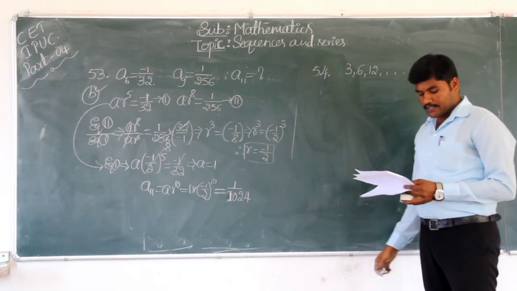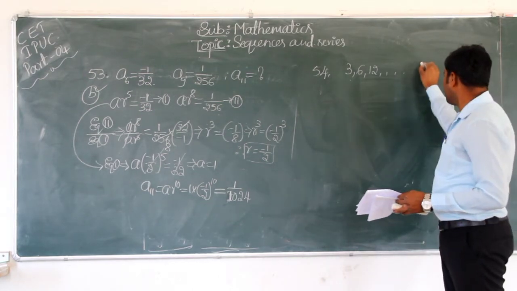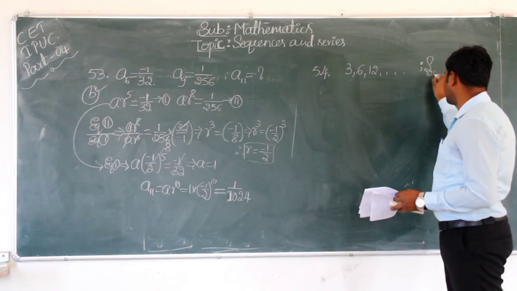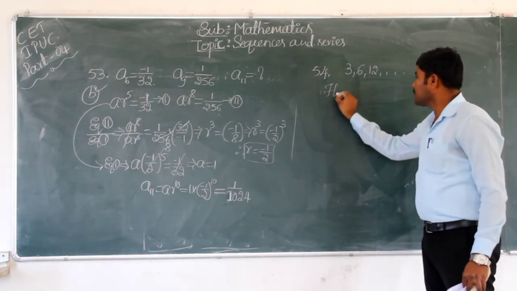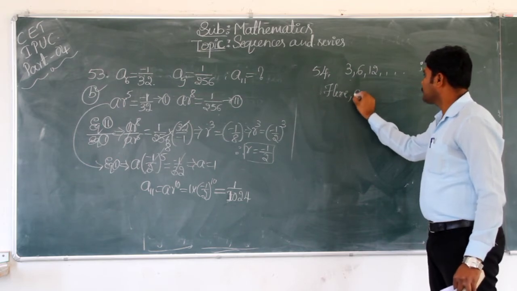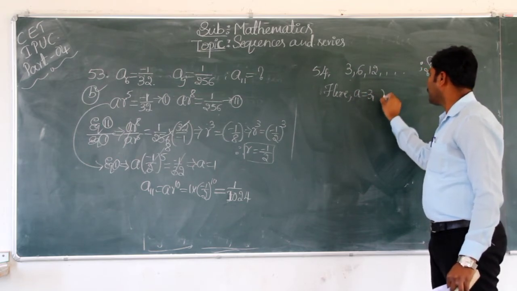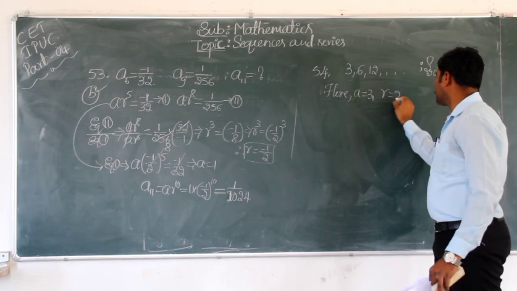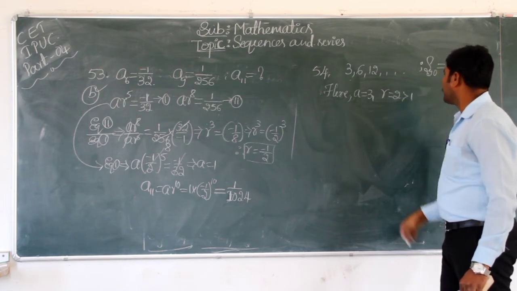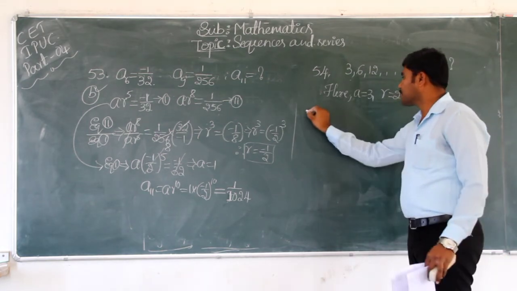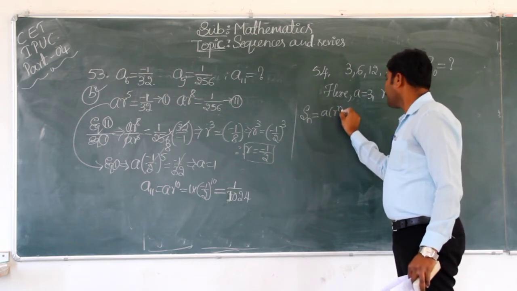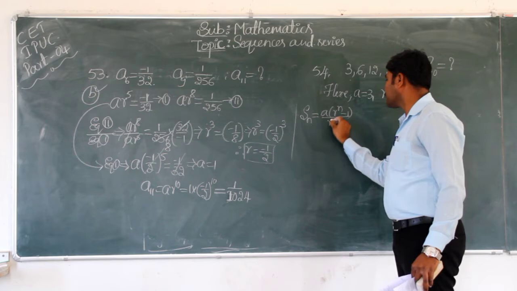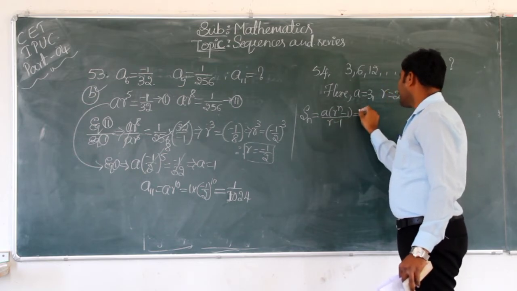So find out the sum of 20 terms, which means n is 20. Here A is 3, and the common ratio is 6 by 3, that is 2, greater than 1. So we just have to use the formula Sn is equal to A of r to the power of n minus 1 upon r minus 1. Using this formula, find out S20.